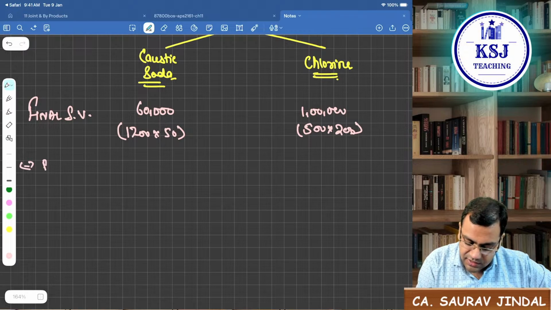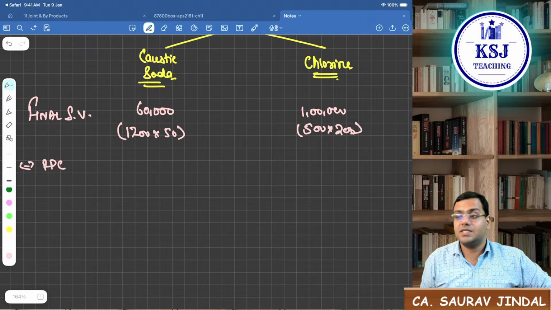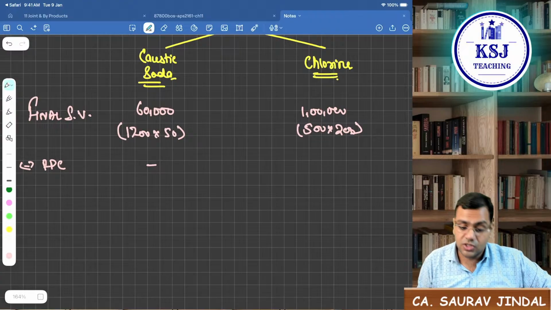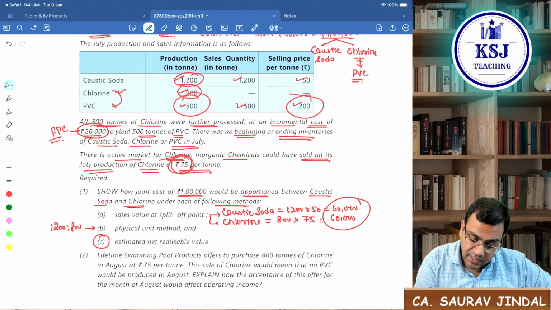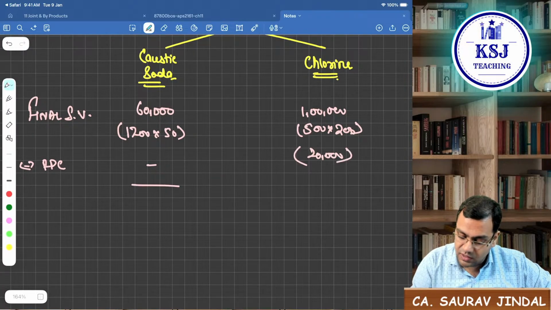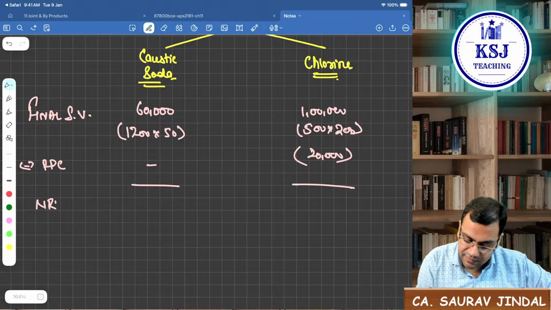Minus final sales value minus further processing cost. Is there any further processing cost on the caustic soda? No, sir. Is there any further processing cost on the chlorine? Yes, sir. That is this 20,000 rupees. So here we'll take minus 20,000.